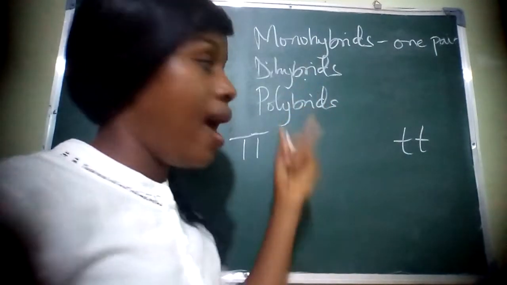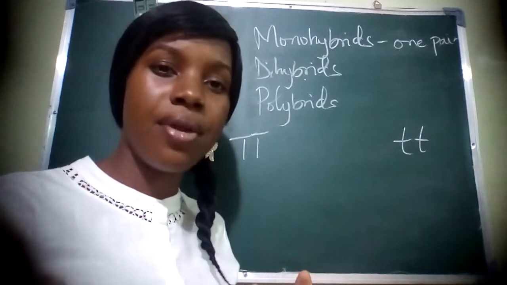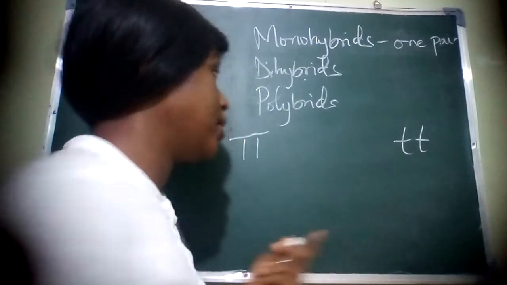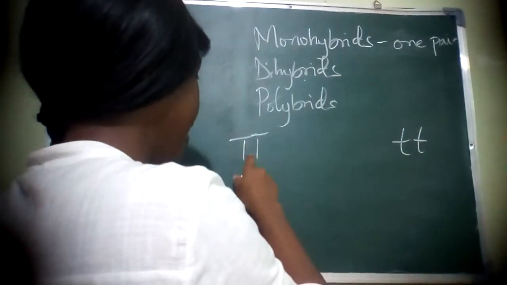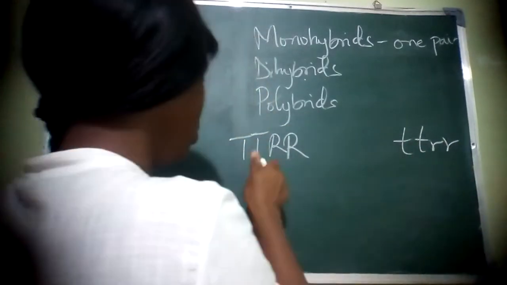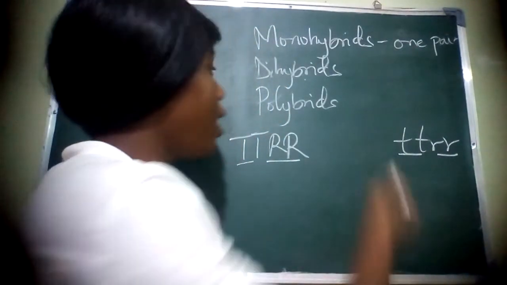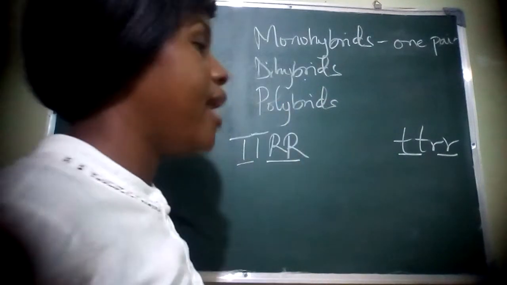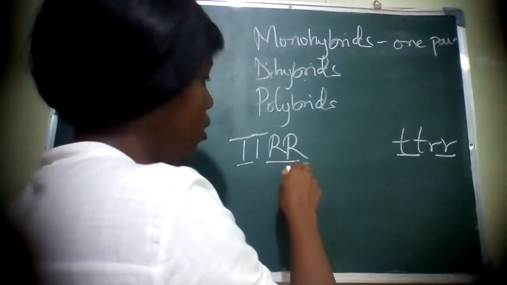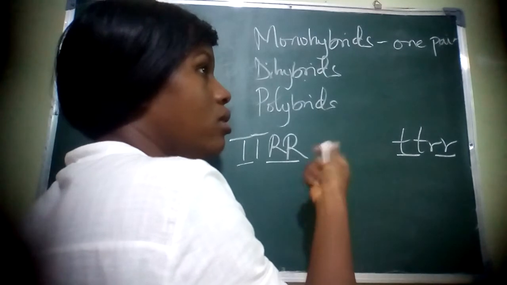Now dihybrids are hybrids obtained from a cross where you are comparing the parents on two pairs of contrasting characters. Like in this case we have height, let's say red flowers. So two pairs of contrasting characters in the parents, that offspring are dihybrids. And polyhybrids are from three pairs and above. Let's say here, seed color.